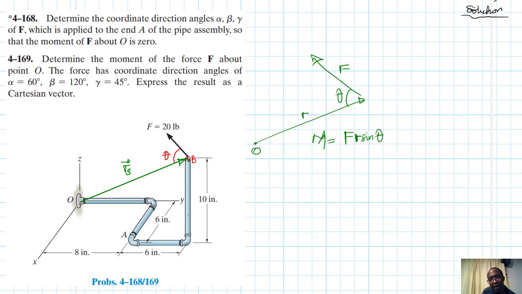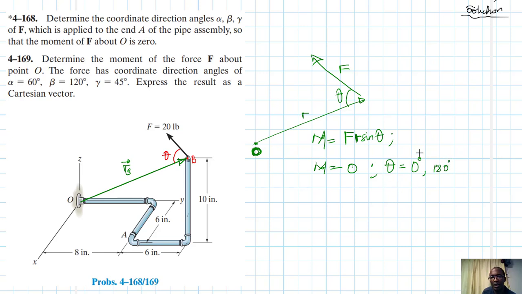R is the moment arm. What do you think theta is supposed to be equal to for you to have a 0 moment about point O? Of course, you expect theta to be equal to 0 degrees or 180 degrees.